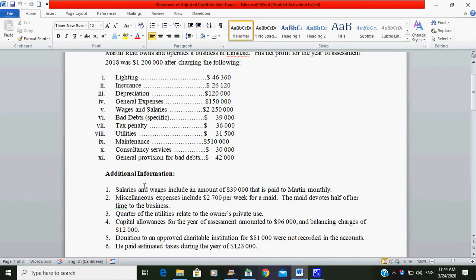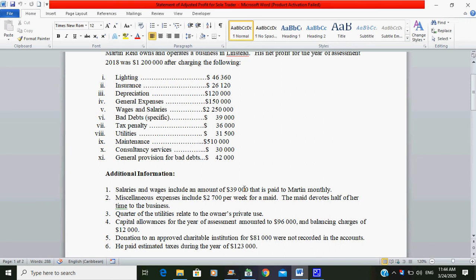Now, in the additional information section, it says that salaries and wages include an amount of $39,000 that is paid to Martin monthly. Remember again that all these monies were already deducted to give you the 1.2 million. This 39,000 is paid to Martin.